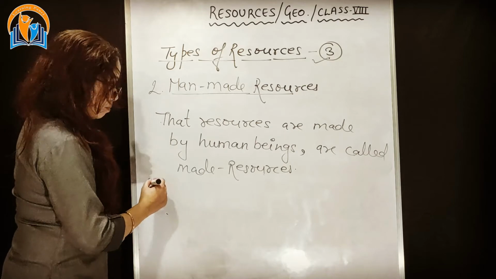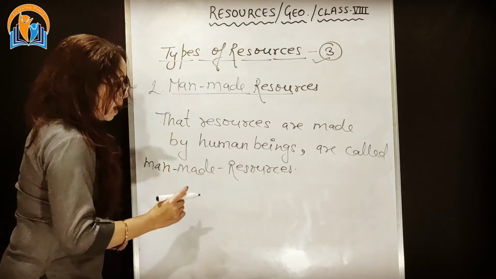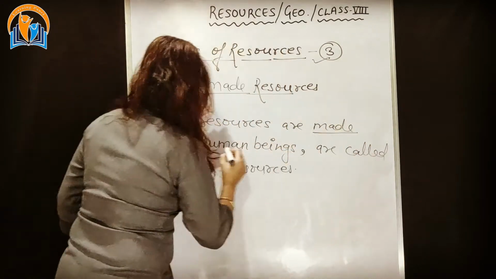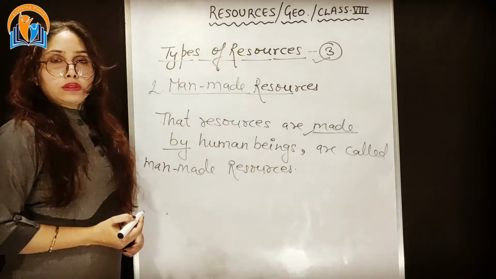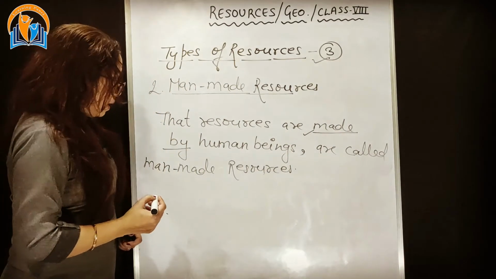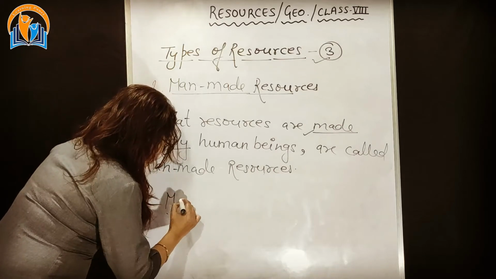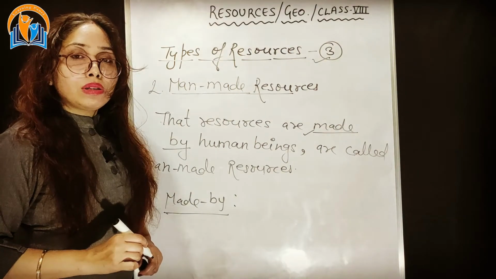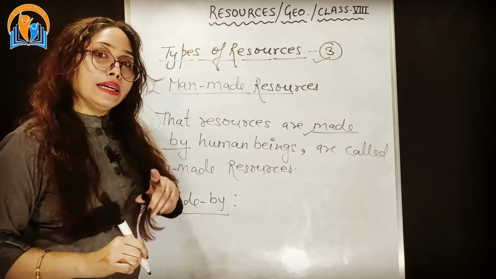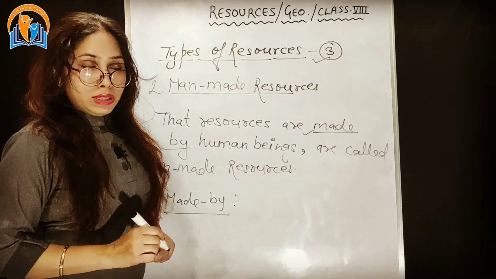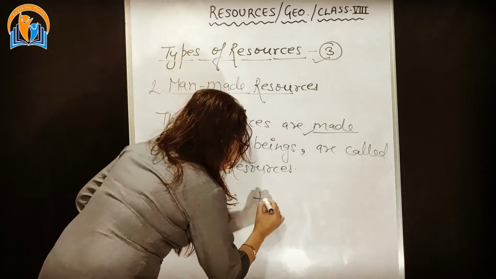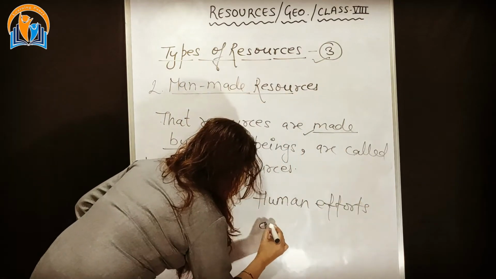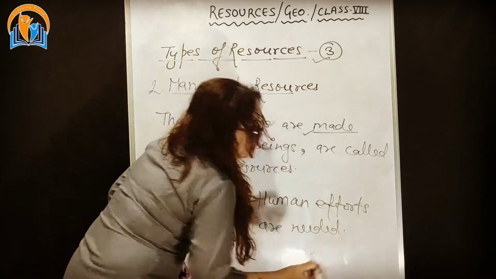Okay, here the word man is missed. I am writing it down here, my mistake. Man-made resources. Your focus point is made by. What do you mean by made by? Made by means those resources in which human efforts are needed.